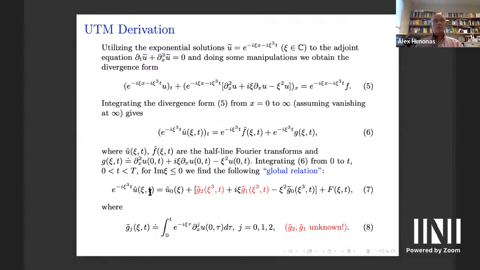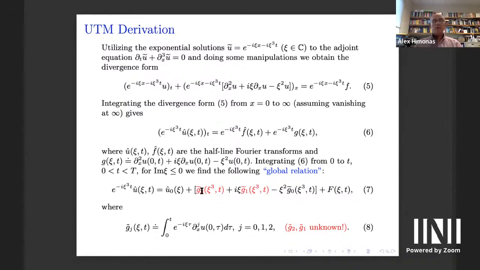So here we see the half-line Fourier transform of U, and in this relationship we have, in addition to the G0, which we know, this is the temporal transform of the boundary data, and the U0 that we know, which is the half-line Fourier transform of the initial data, and this term, which is a mix that comes from the forcing, we have 2 unknown terms.